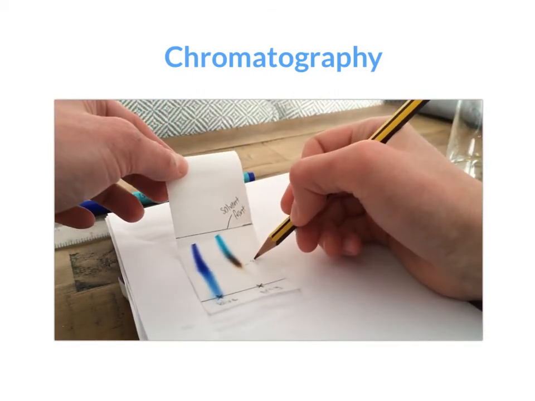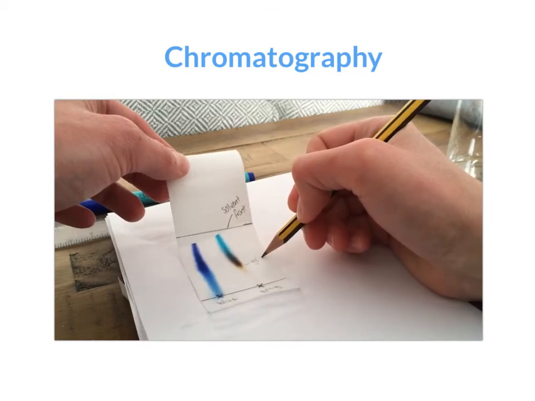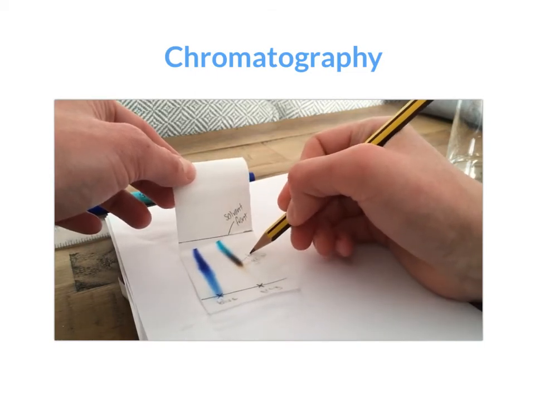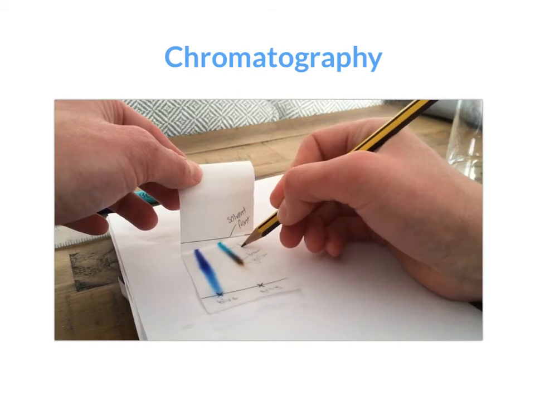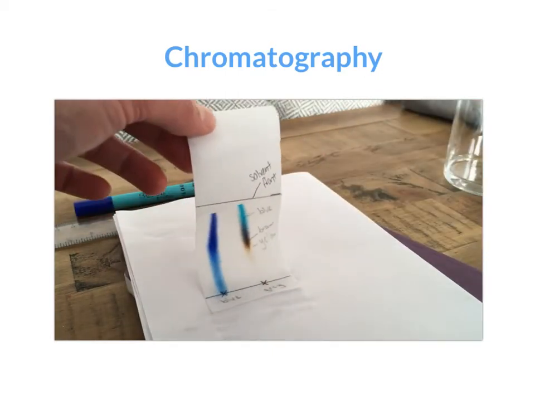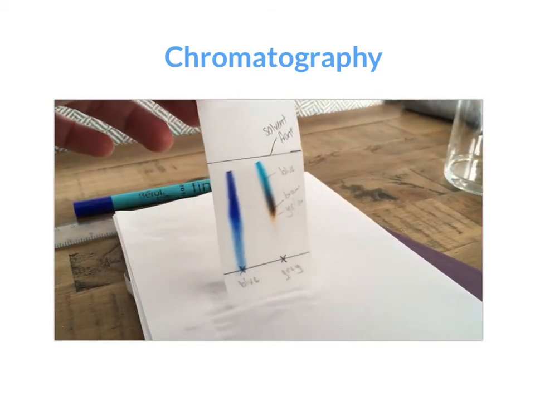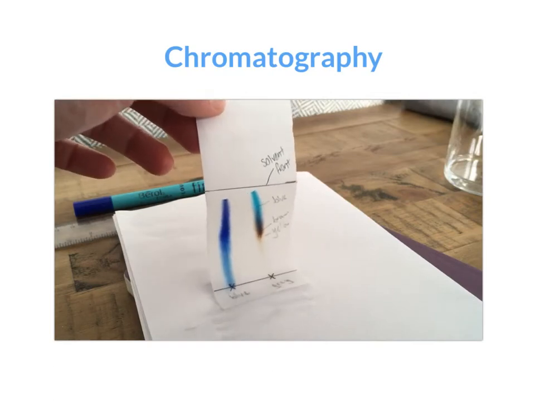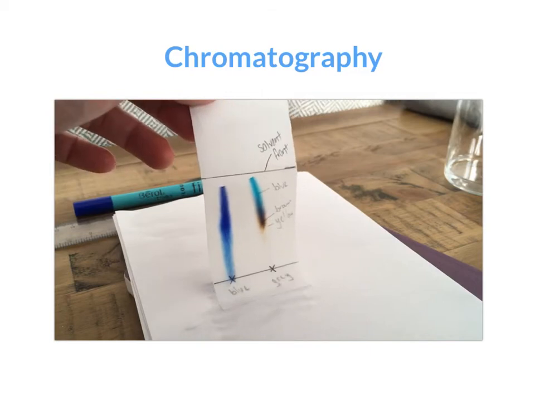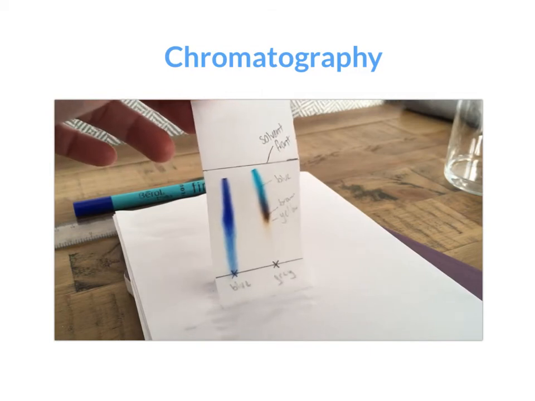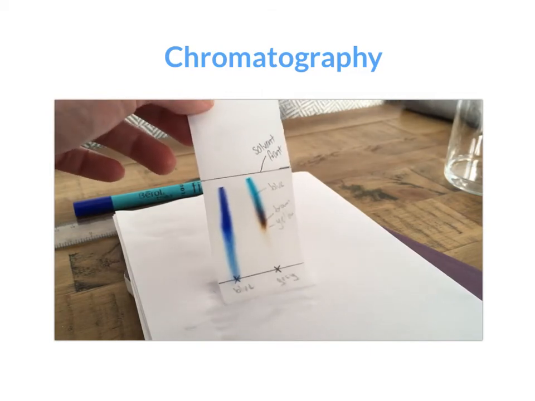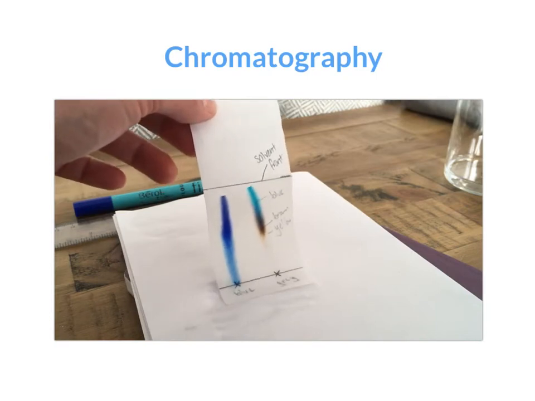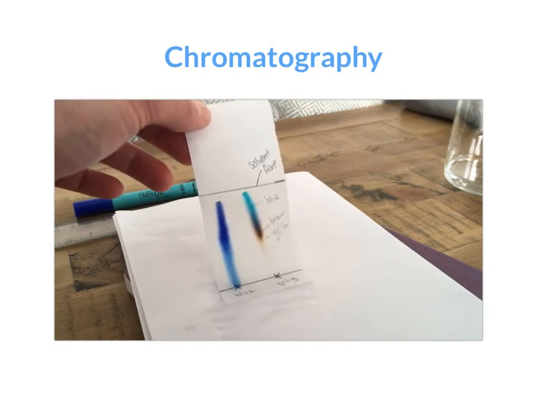You can see there's like a yellow spot here, there's like a brown here, and there's quite a bright blue up here. So you can see that grey ink is made up of yellow, brown and blue. And as I said, we don't get those nice clear cut spots, but you can see that it's separated out into the individual colours that the ink is made up of. So you can see that grey is a mixture of yellow, brown and blue ink.